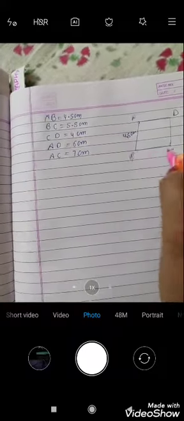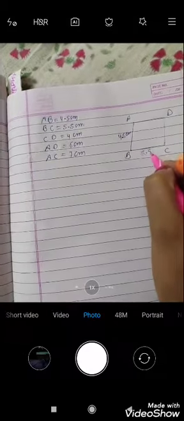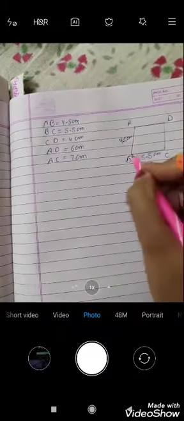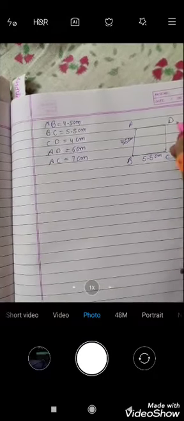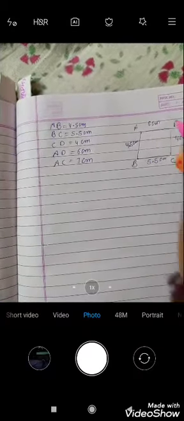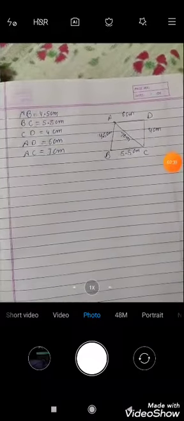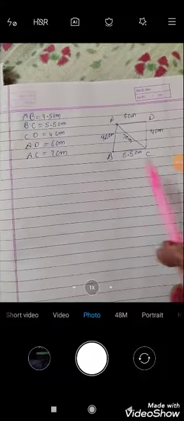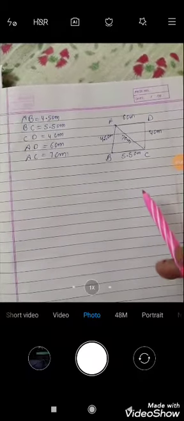BC is 5.5 centimeter, so we write 5.5 centimeter on side BC, and similarly 4 centimeter on side CD and 6 centimeter on side AD. And we have 7 centimeter for AC, the diagonal. This rough figure will help us draw the actual diagram of the quadrilateral.